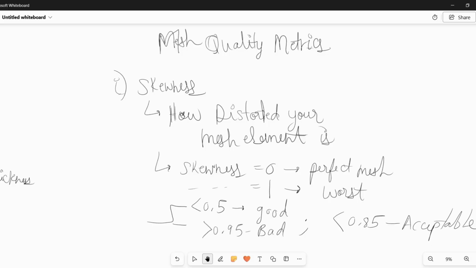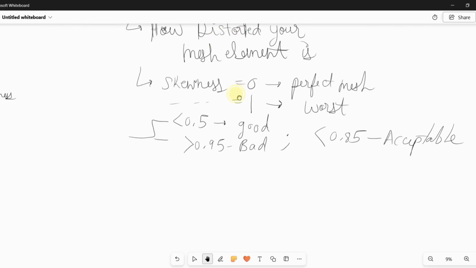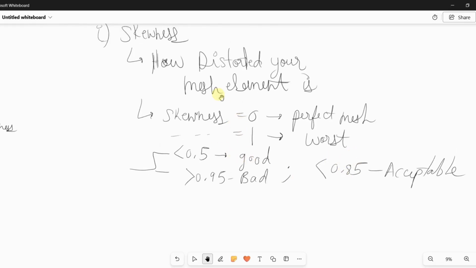Just remember this. If you can't remember the numbers, it's fine. Just have an idea that skewness 0 means it's not at all distorted, so it's a perfect mesh. 1 means it's the most distorted, so it's the worst. If you remember skewness with this question, that is, how distorted your mesh element is, you are good to go.